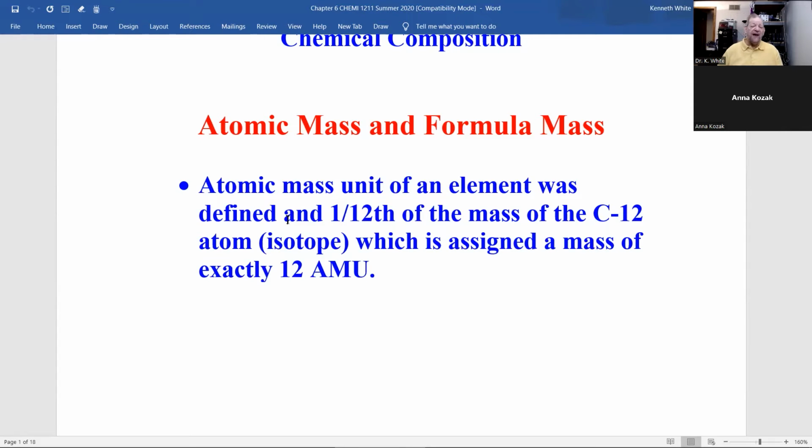Now, think of atomic mass unit like you think of grams, pounds, ounces. They're all scales of mass. And chemists determined a long time ago that this was a good method to help understand and be able to do a lot of things in chemistry. The concept of atomic mass.